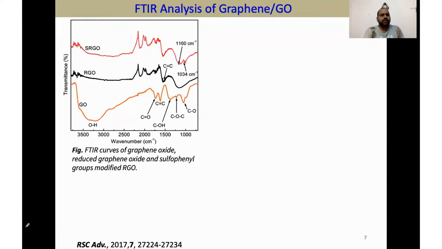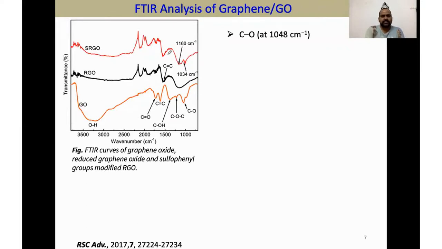This bottom red is the data of graphene oxide. This is the reduced graphene oxide, and this is when it is surface modified with a sulfophenyl group, the modified RGO. So what is the meaning of these peaks? How can we analyze this data?